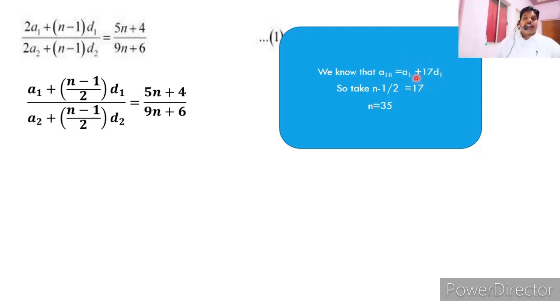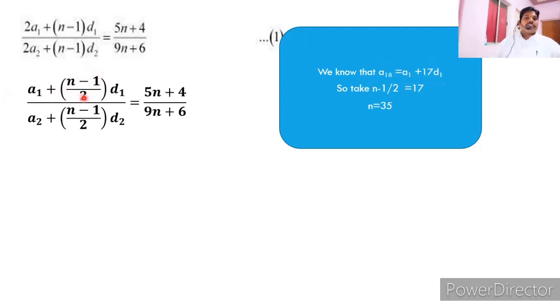So if you want to get this value here, what difference do you observe between this one and this one? Here also a1 is there, plus 17 into d1 is there, but in the other one you got n minus 1 by 2. So you have to make this 17.